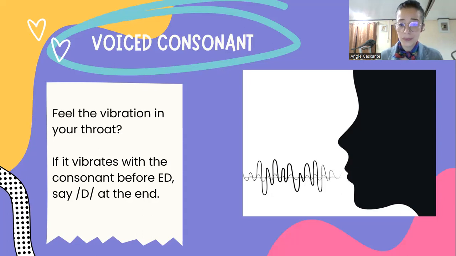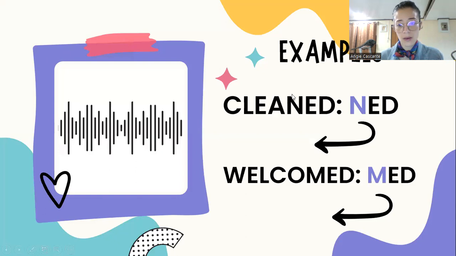For example, I'm sorry, I'm just moving this because I want you to see the examples very nicely. Here we have the words, the actions, clean and welcome, okay? Clean would be the present, and if I add an ED, it would be the past.